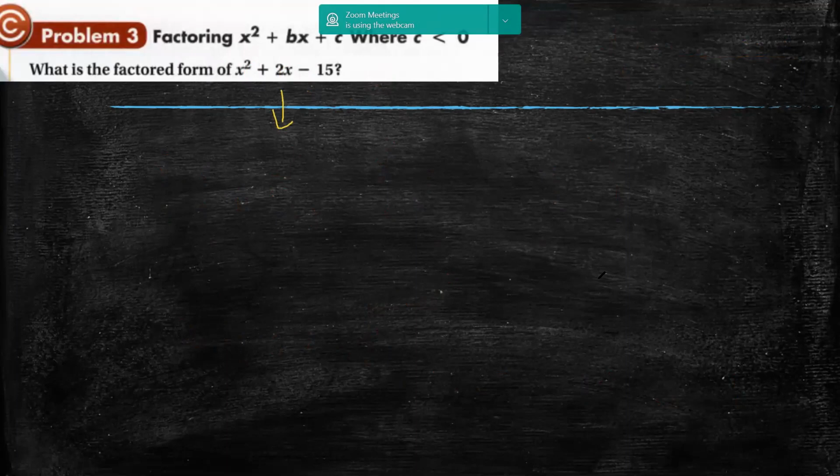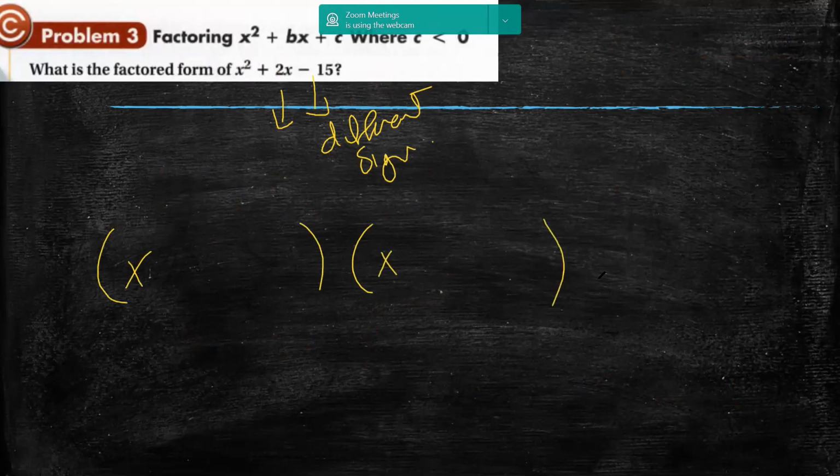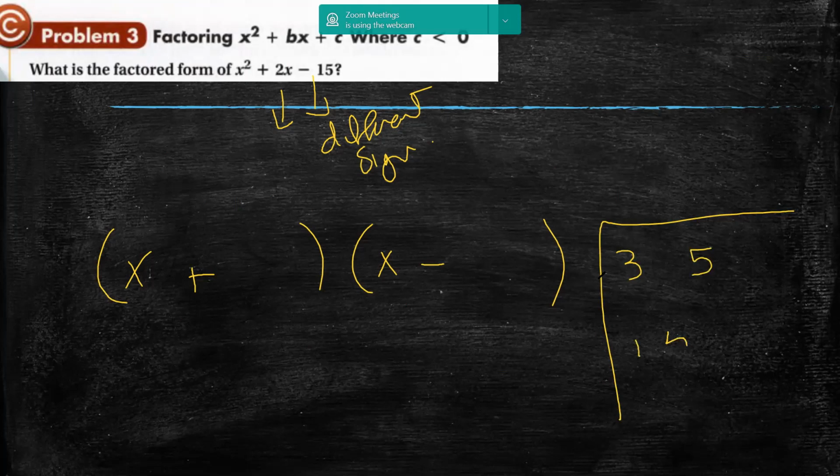If we have a minus, that means we have a different sign. Then minus, so one is plus and one is minus. Then I will write also all the factors of 15. As we said, it could be 3 and 5 or 1 and 15.